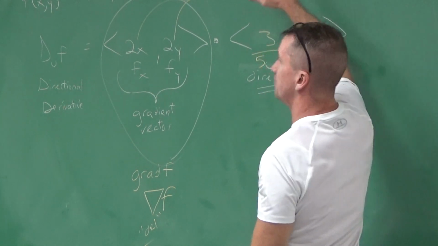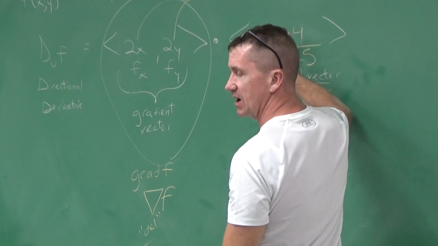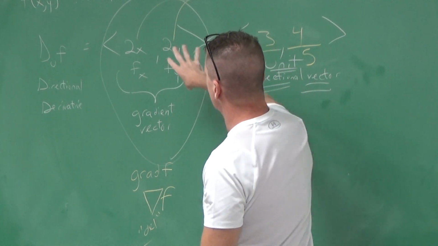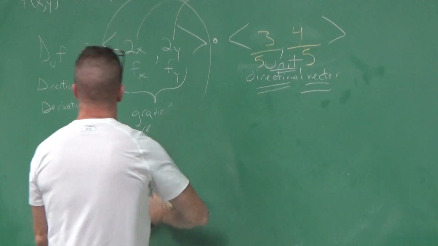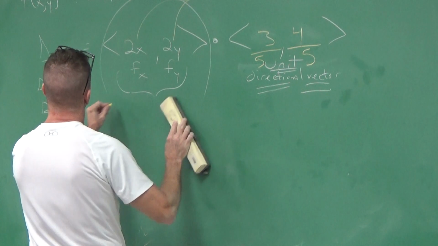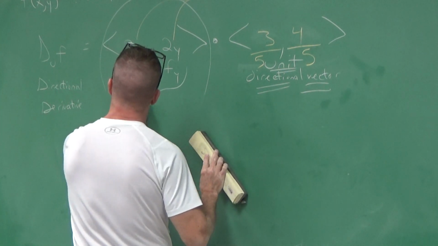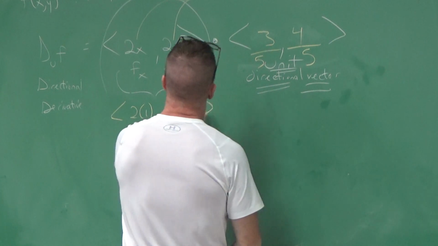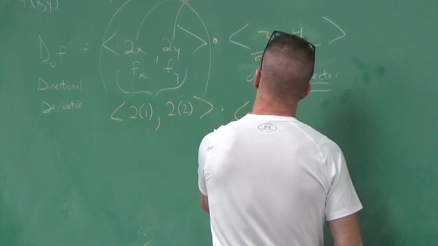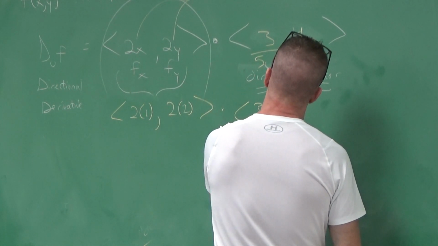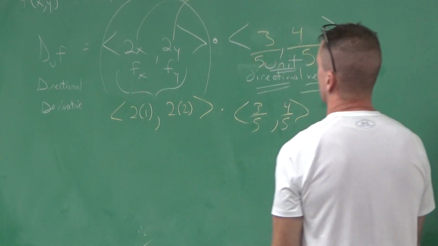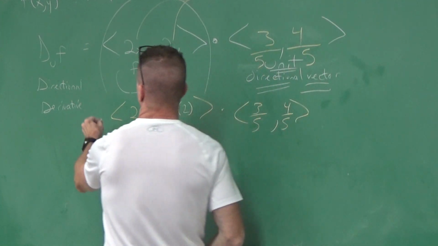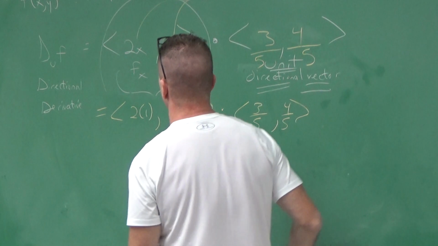So just be careful and make sure you always use a unit directional vector. I'll plug in a 1 and a 2. Let's see what we get here. What is 2 times 1? 2 times 2. And then dot with a 3/5 and a 4/5. Alright, what do you get? This will be the directional derivative.